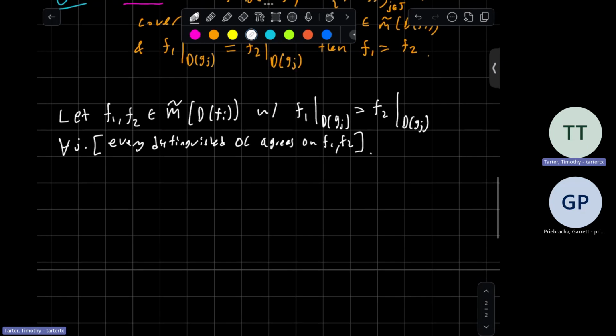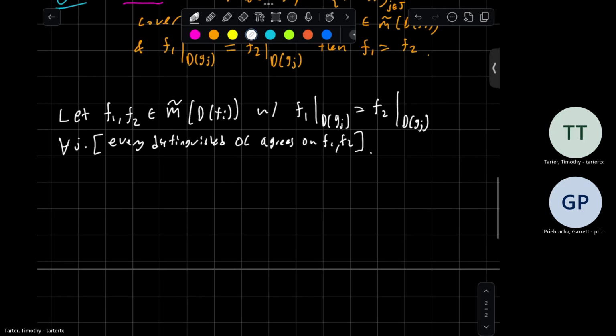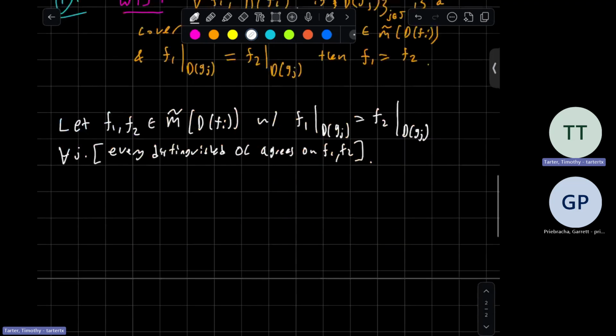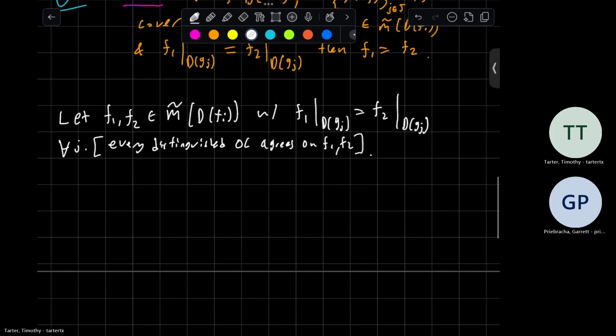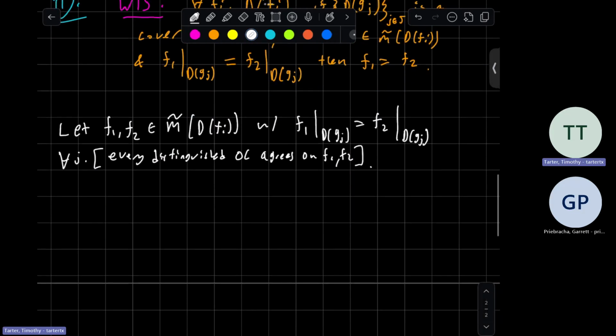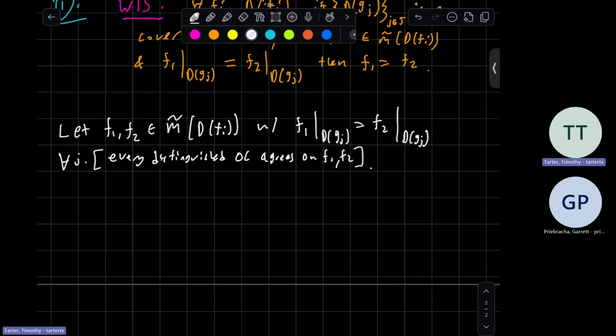And so then the only place that they would disagree would be on closed sets. No, that's not necessarily the case.